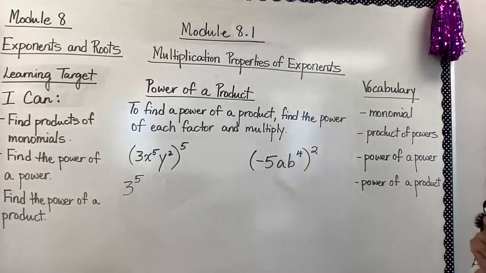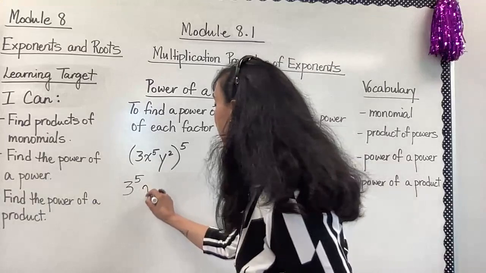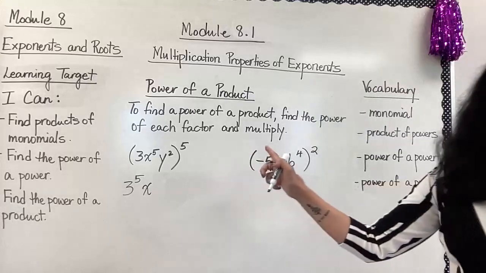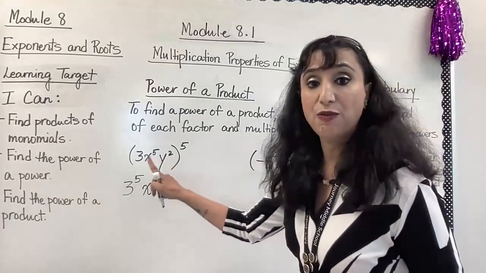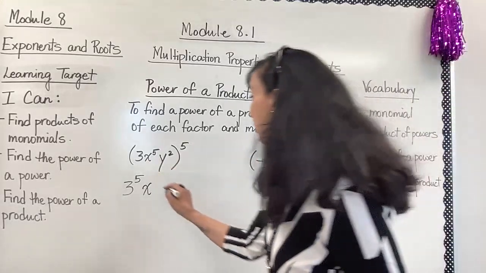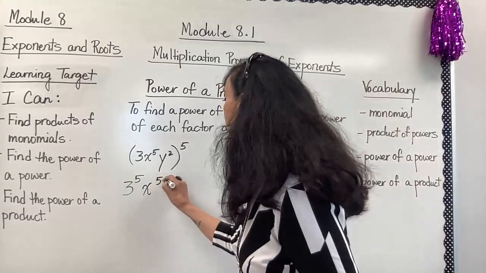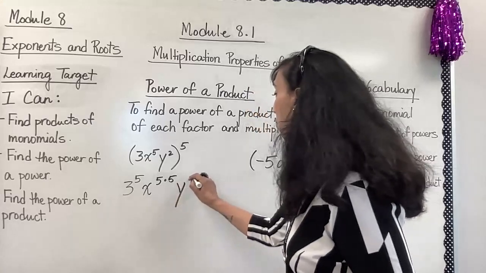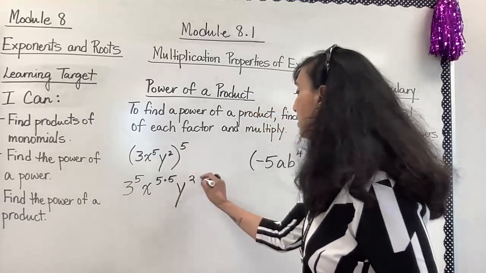And then we have x to the, we're going to use the what property? The power of a product. And so 5 times 5. Okay? 5 times 5. And then I have y squared times 5.